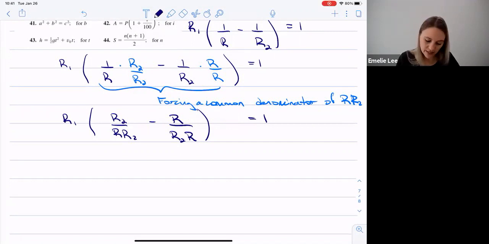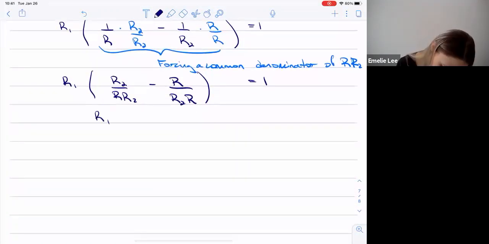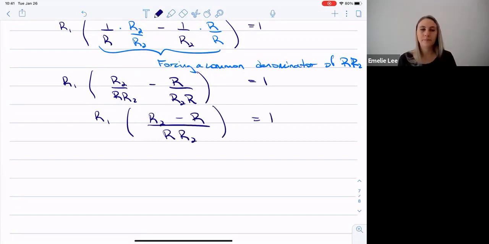Okay, so now that I have this common denominator, I can combine the numerators over that common denominator. So what I have is R1 times R2 minus R over R times R2 is equal to 1. Okay.